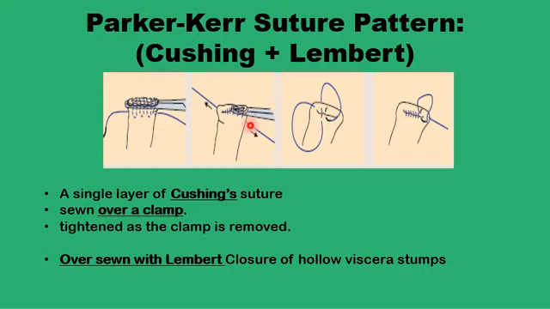That's the first layer, followed by a second layer with the Lambert type of inverting suture, and this will provide extra security, and you use this while closing the hollow viscera stumps, the last bit of the hollow viscera. You combine a Cushing and a Lambert to produce a Parker-Kerr suture pattern.